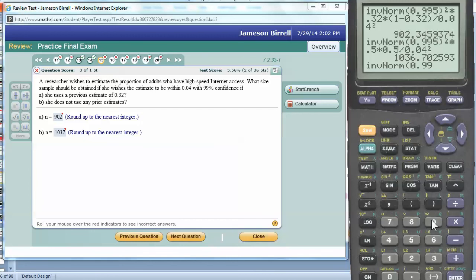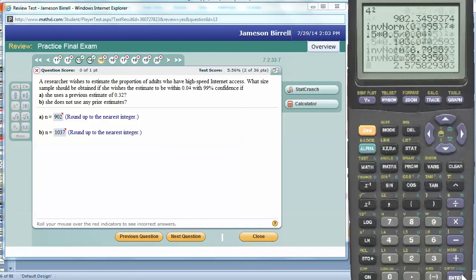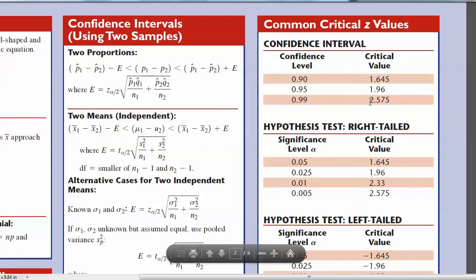Here's a 99% confidence interval. That means you have 1% for the critical values on both left and right tails, which means you split that in half and you put a half of a percent on the top. And you can put that additional 0 in there if you want. On our common table, it's saying that that is supposed to be 2.575.